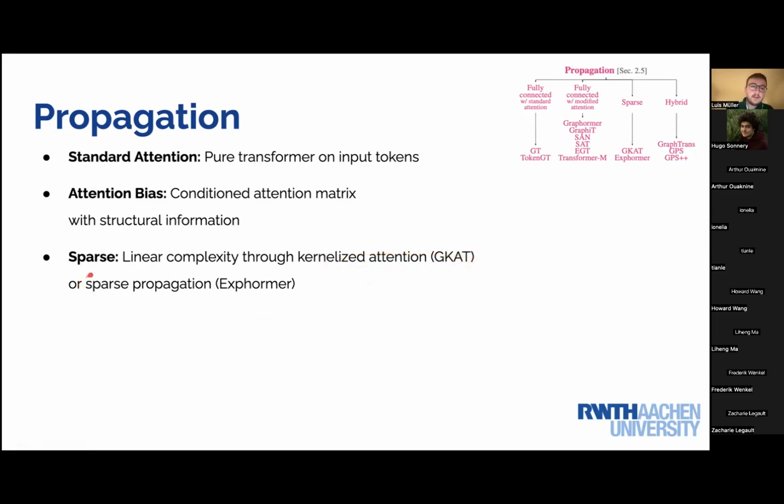And then there's also the Exphormer, a recent paper that introduces a sparse type of propagation where we're not operating on the input graph structure, but we're also not operating on all nodes by all nodes, but rather on a different kind of structure, the details of which I will omit here because they're not really relevant. The takeaway should be that there's actually a huge design space explored with regards to the different ways to modify the propagation. But of course, they all come with their benefits and their downsides.